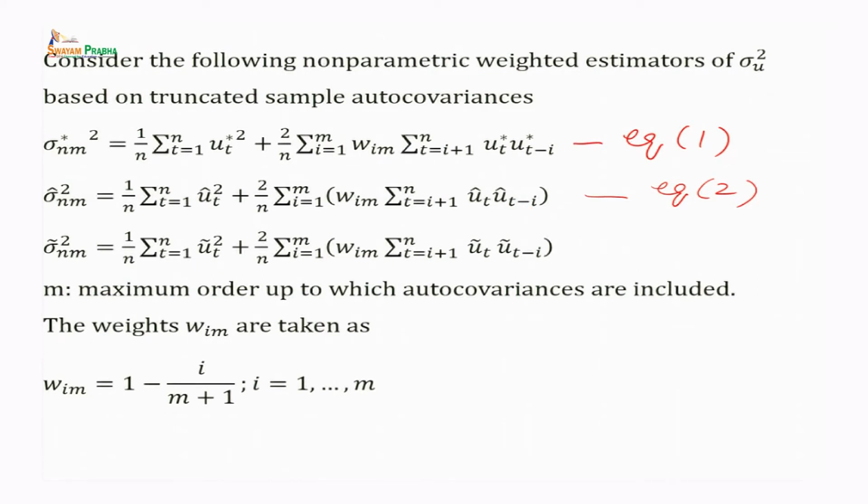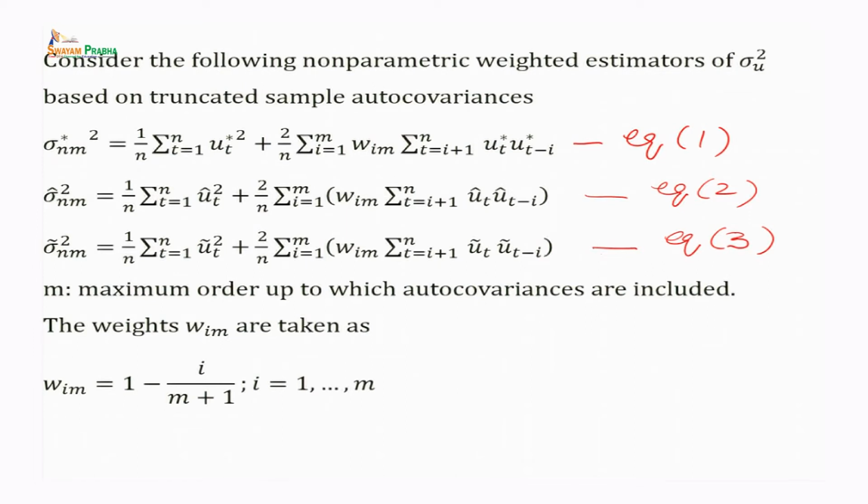And then for equation 3 you have the estimator sigma curl square n m for sigma square u. Now, m is the maximum order up to which autocovariances are included in the estimation of sigma square u. And then the weights w i m are taken as w i m equal to 1 minus i upon m plus 1, i equal to 1 to m.